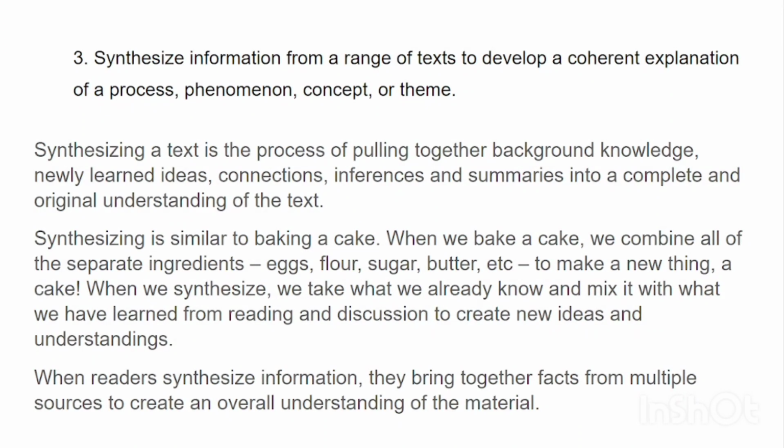When we synthesize, we take what we already know and mix it in with what we have learned from reading and discussion to create new ideas and understanding, right? So, in other words, when we synthesize information, we bring together the facts from multiple sources to create an overall understanding of the material.